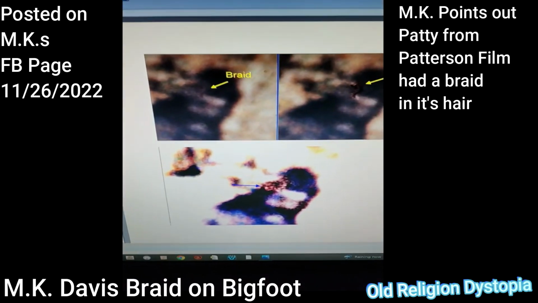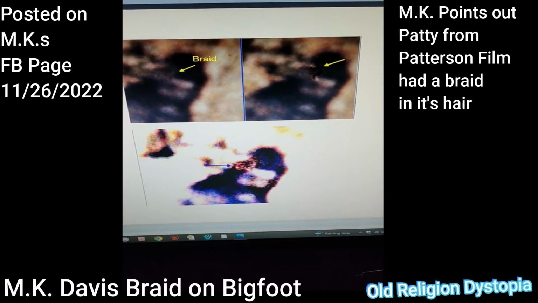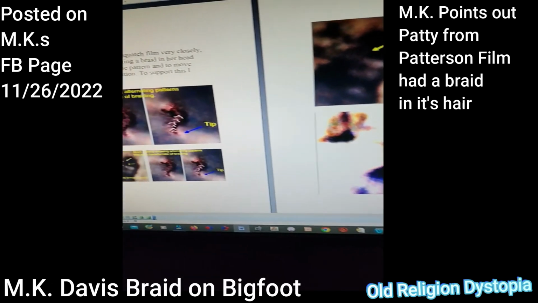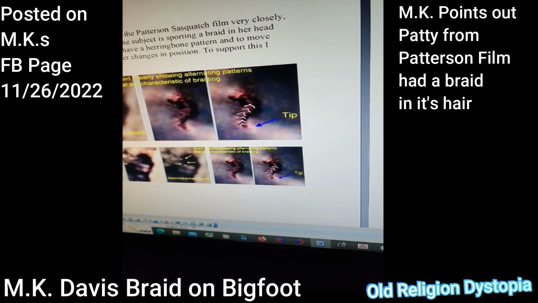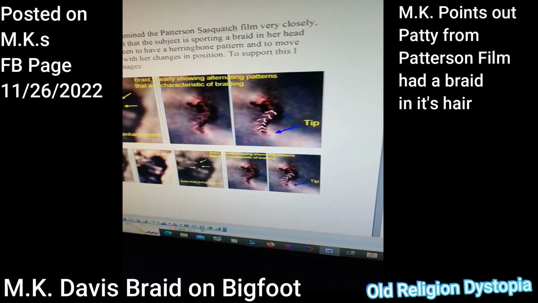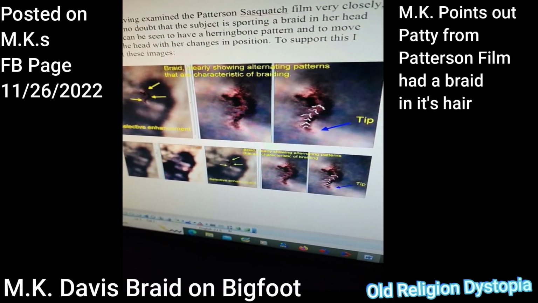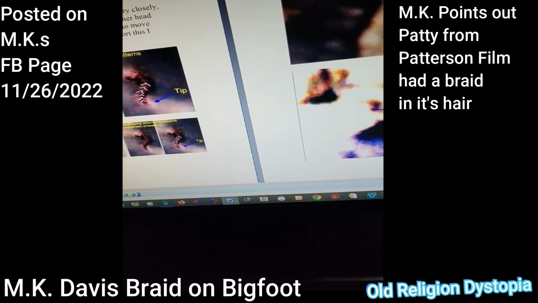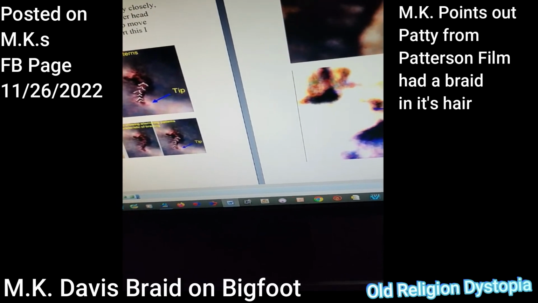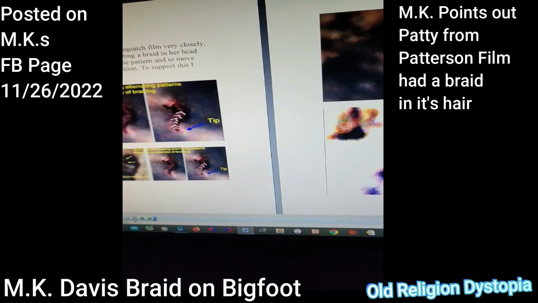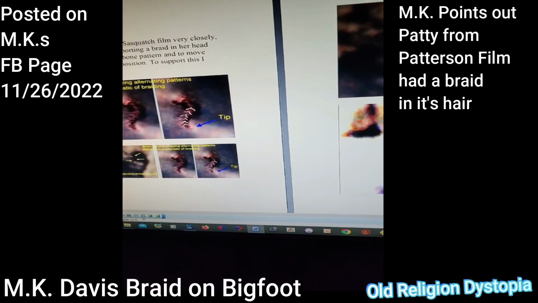Those people raise Cain because they have a lot to lose if there is Bigfoot in general in that area. They have a lot of graduates, and there's plenty of them in the Bigfoot community.